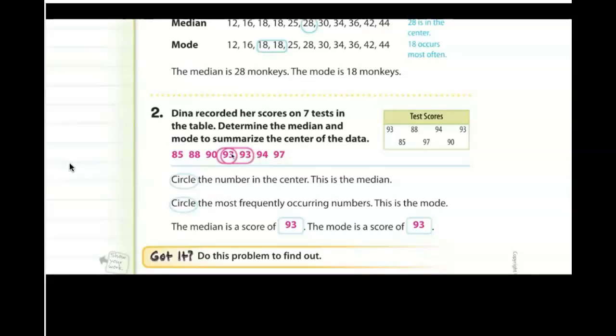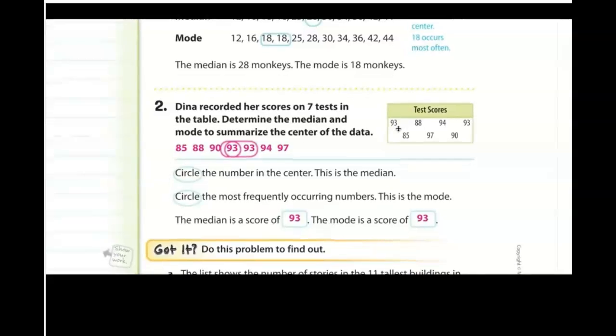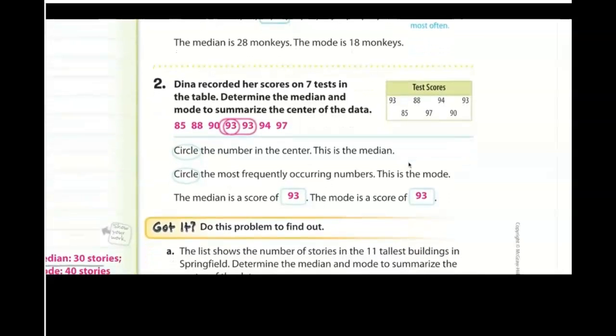So if you look 3 in on each side, the one that's exactly in the middle is 93. So that is going to be the median, but 93 also happens twice. So in this case, 93 is also the mode because it occurred more than one time, and no other number occurred more than that.